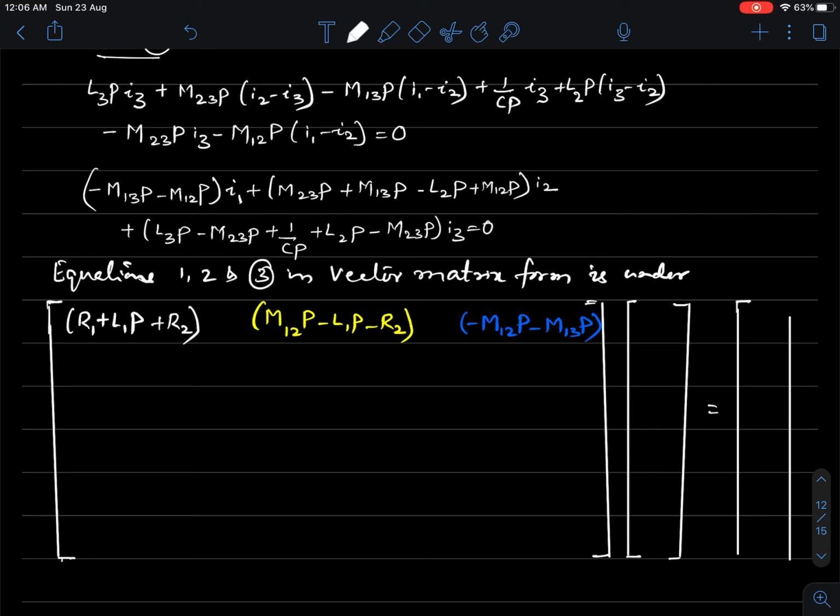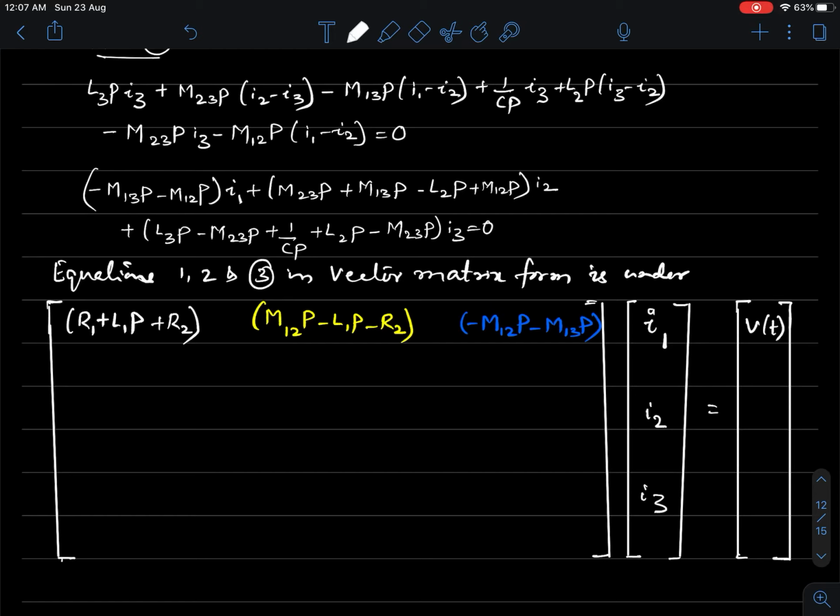I'll make them like matrices. So the coefficients of I1, I2, I3 of the first equation are arranged along the first row, and this is my I1, and on the right side we put the EMF V of t. The first equation is completed. This is I1, this is I2 and this is I3.